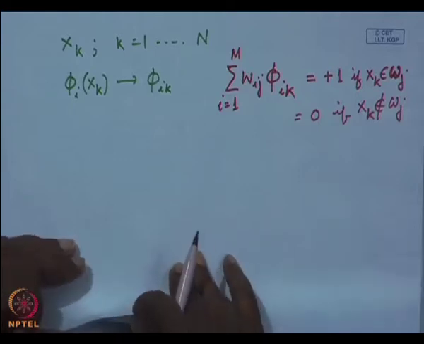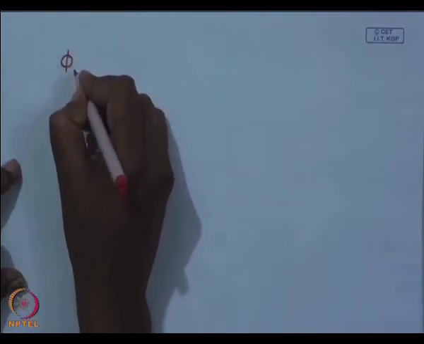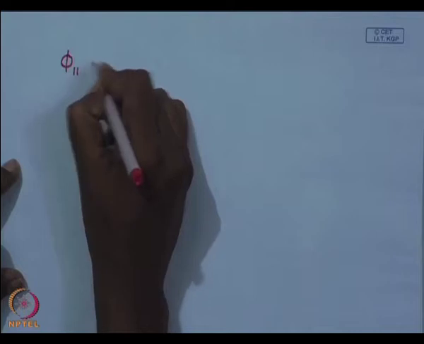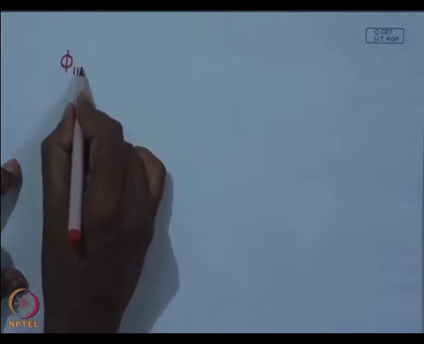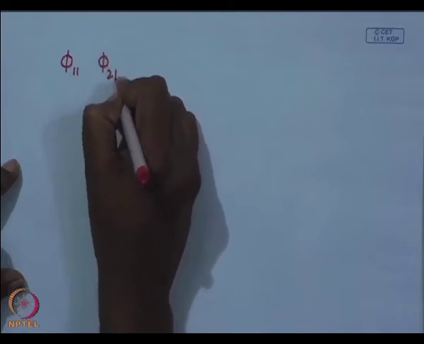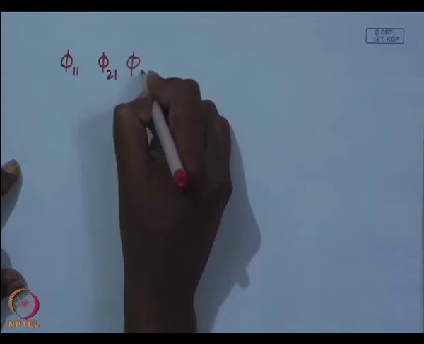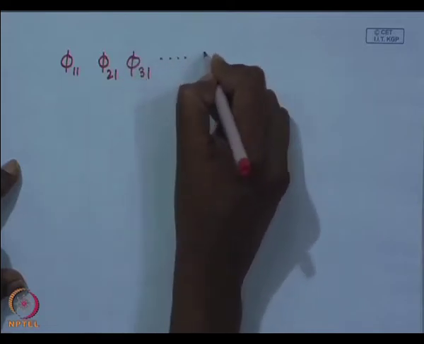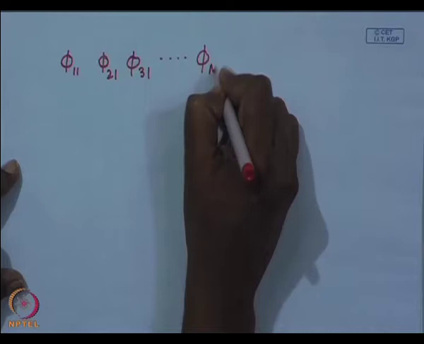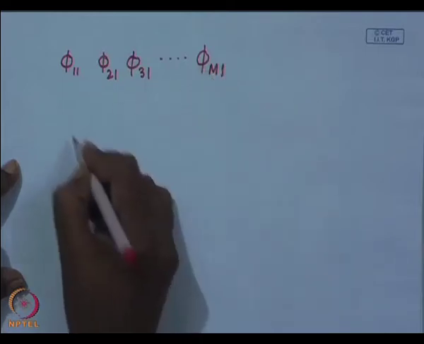So, in the matrix form, this can be written as, let me write the matrix equation: phi 1 1, which means phi 1 of x 1, phi 2 1, that is phi 2 of x 1, phi 3 1, up to phi m 1, which means phi m of x 1.